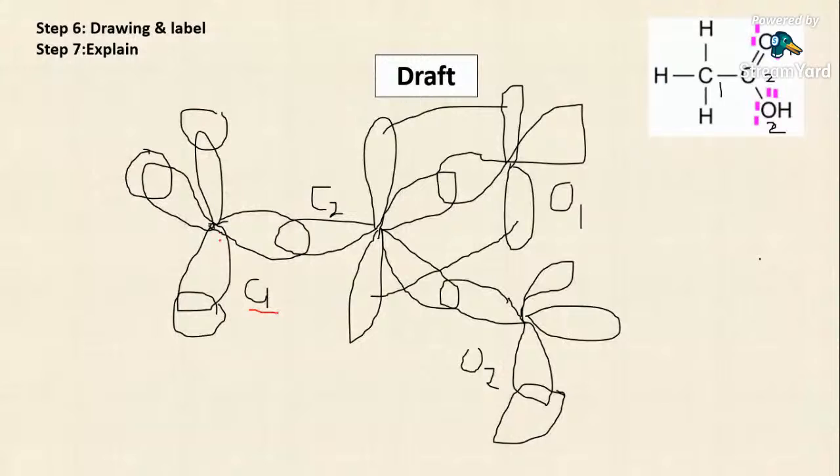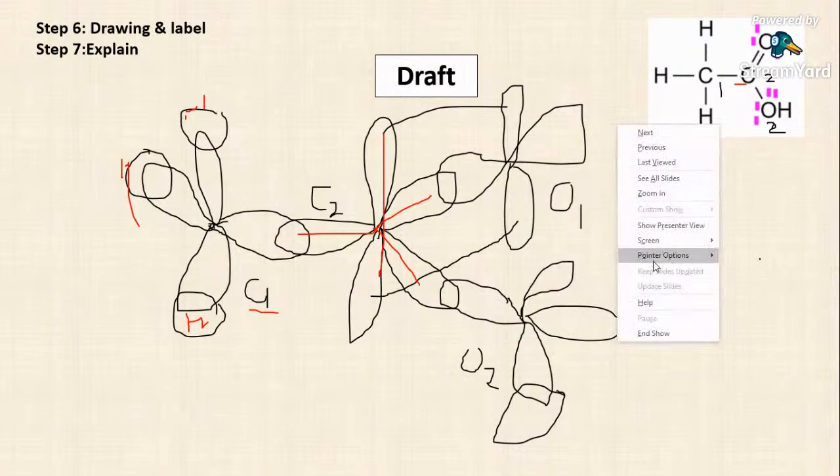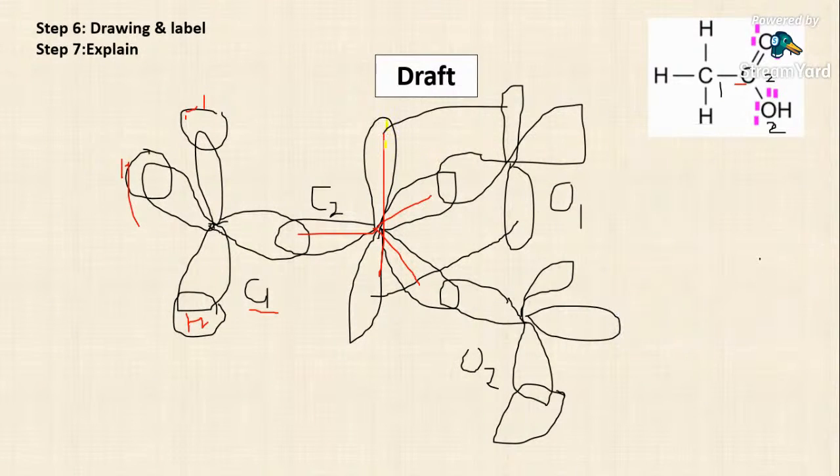C1: 1, 2, 3, 4, tetrahedral, overlapping with the hydrogen, so it must look tetrahedral. And then C2 is trigonal planar, and forms the pi bond with the O1. So this is the pi bond. Always remember, the pi bond must be parallel. Must be parallel.